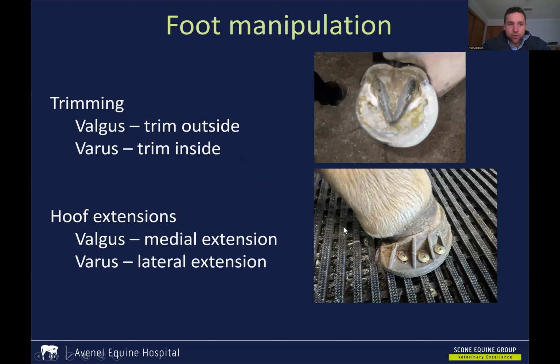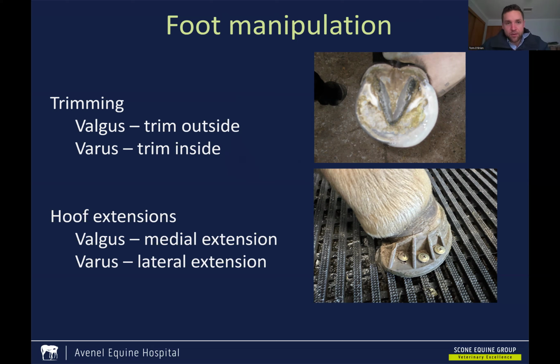And so trimming. For a valgus deviation of the fetlock, where everything is going lateral below the joint, what tends to happen is that as the foal is walking, it tends to wear the inside of its foot naturally.